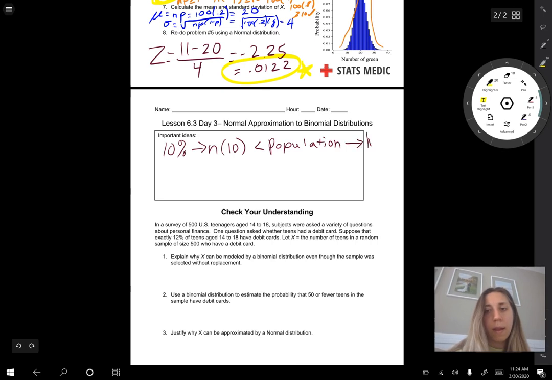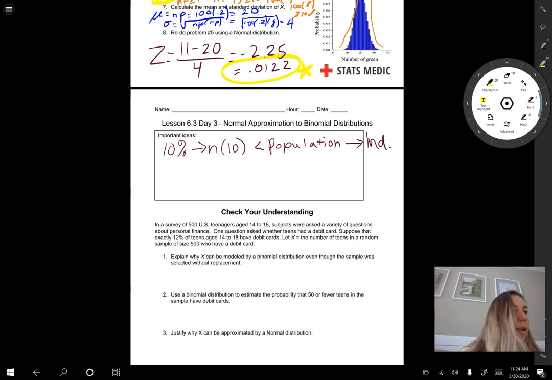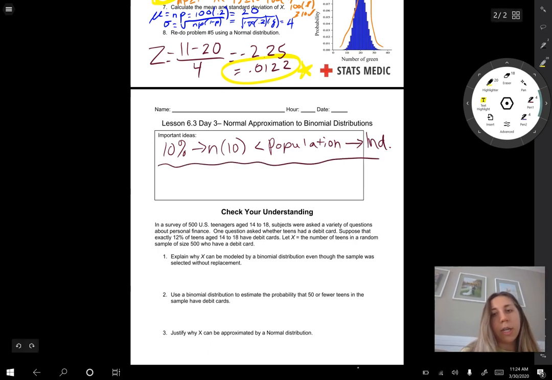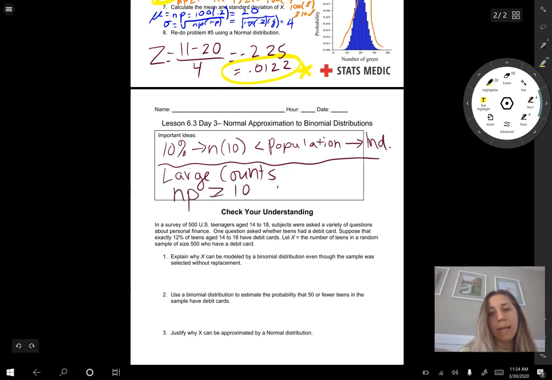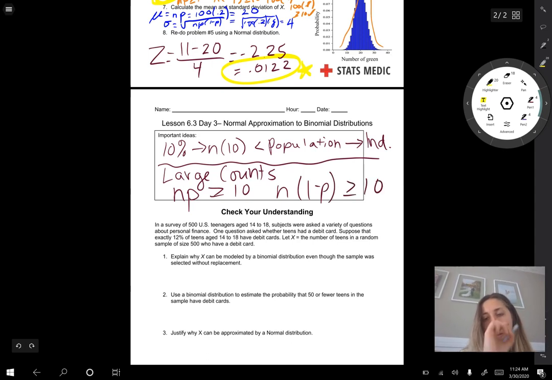It can prove independence. And then our large counts condition can allow you to use the normal distribution for a binomial model. So that's N times P has to be bigger than or equal to 10, and N times 1 minus P has to be bigger than or equal to 10.